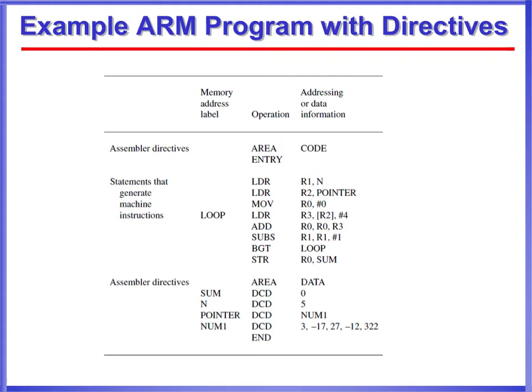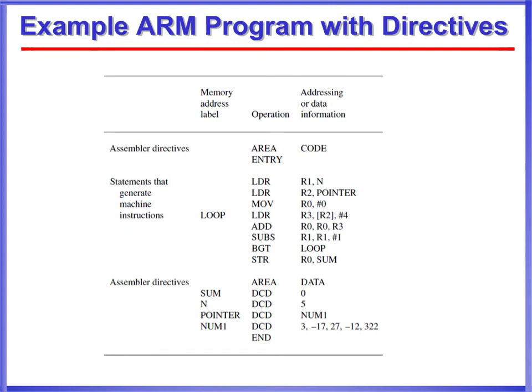We're using DCD, so DCD is going to say, well, this label sum is going to be initialized. It's going to reserve 32 bits in memory, associate the address of that 32 bits with the label sum, and put a 0 there. That's what DCD does. So it's like declaring and initializing a variable.